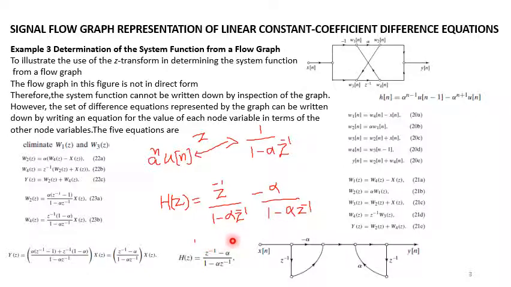So in case of direct form 1, you can see that's the numerator, these are the zeros, so we can say that the input is scaled by a factor of minus alpha, and because we have a delay, the input is also delayed, so that's a delay by 1 unit, and here we have a node. So for the numerator we have this diagram, whereas for the denominator we have again the output, so the output is delayed by 1 unit and scaled by alpha.